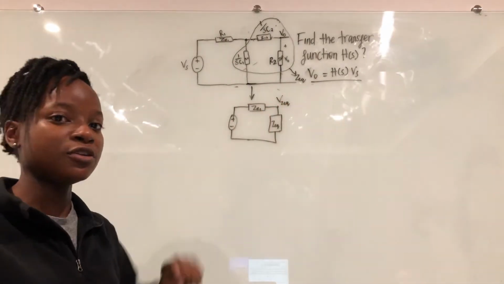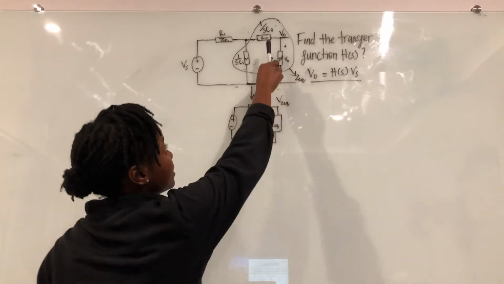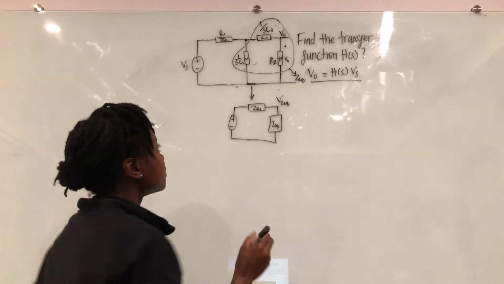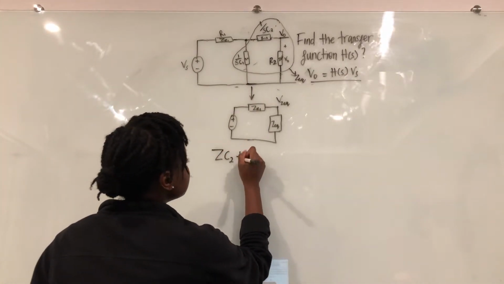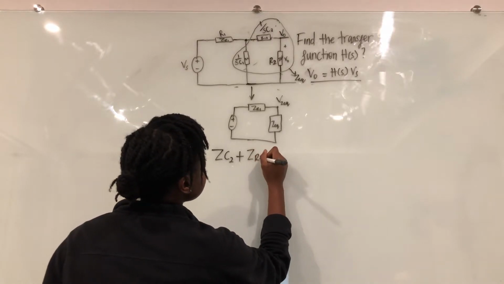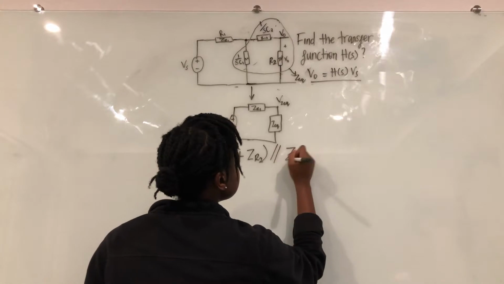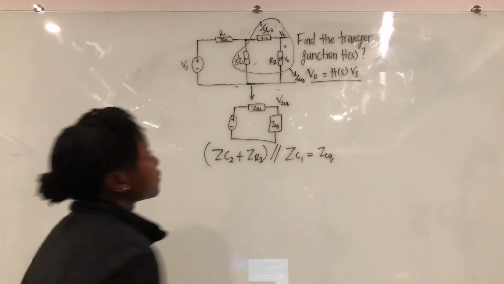To find ZEQ, we can see that these two impedances are in series, and both of those are in parallel with this impedance right here. So we have ZC2 plus ZR2, all of those in parallel with ZC1 equals our ZEQ.